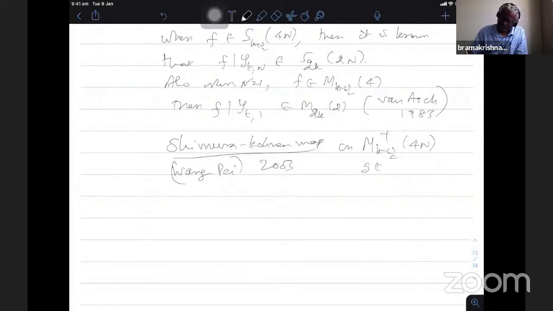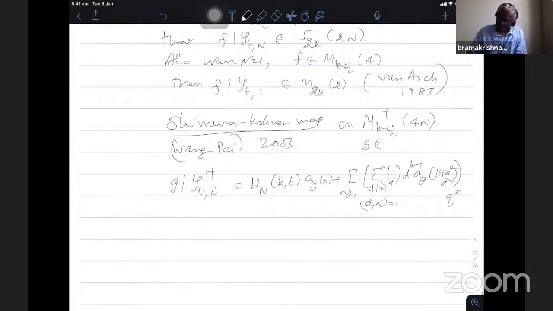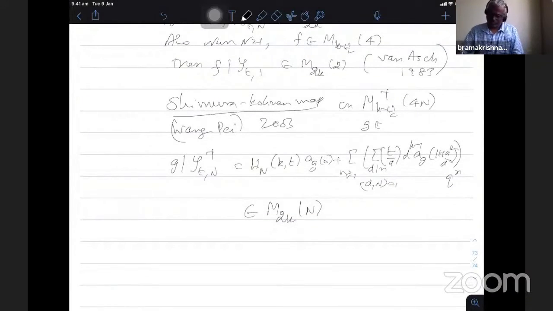So g bar S_{t,n}^+ equals, times a_g(0), plus the summation over n greater than or equal to 1, summation over d dividing n, (d, n) equal to 1, (t/d) d^{k-1} a_g(|t| n^2/d^2) q^n. Okay, so then it is known that this belongs to M_{2k}(n). This is done by these two people.